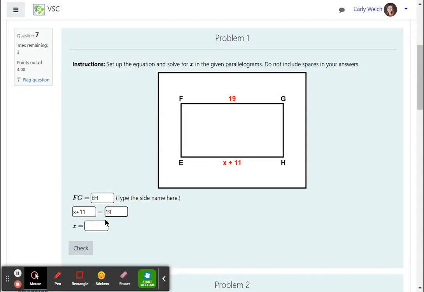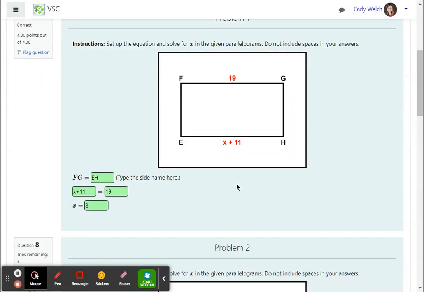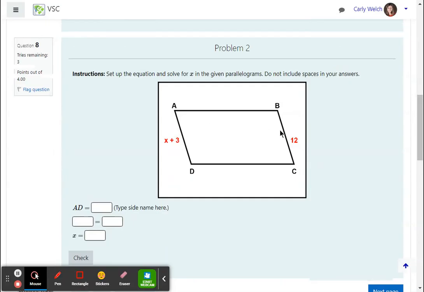If I subtract 11 to this side, 19 minus 11 is 8, and that gives me X. Again, opposite sides are equal, so AD is going to be congruent to BC. And I have X plus 3 equal to 12. Subtract 3 to isolate X. 12 minus 3 is 9.